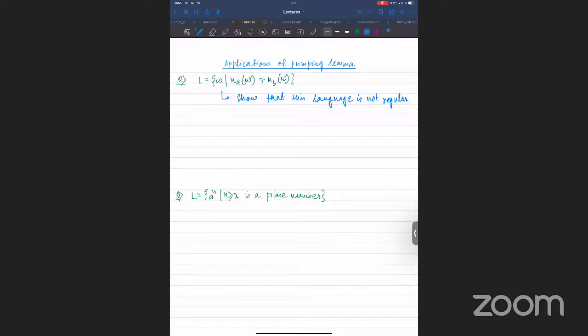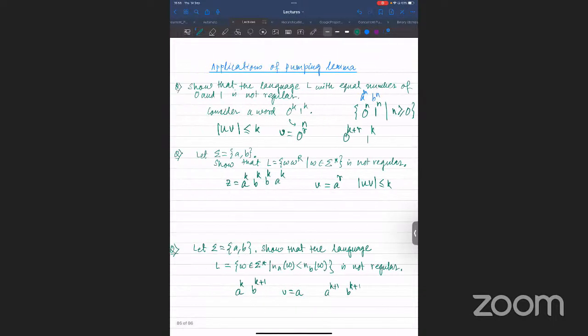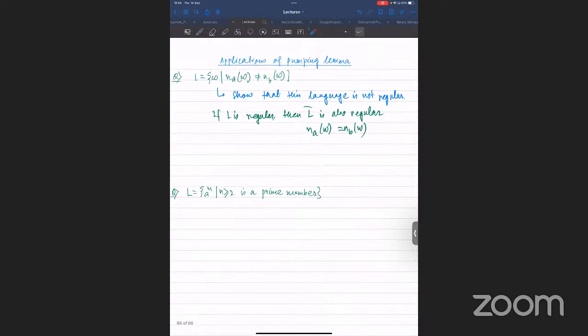So you can say if L is regular, then L bar is also regular. And what is L bar? n_a(w) equal to n_b(w), right? And this we saw is exactly the same as equal number of zeros and ones, right? It's not regular.